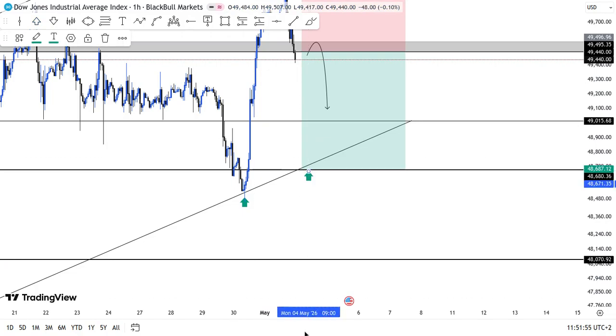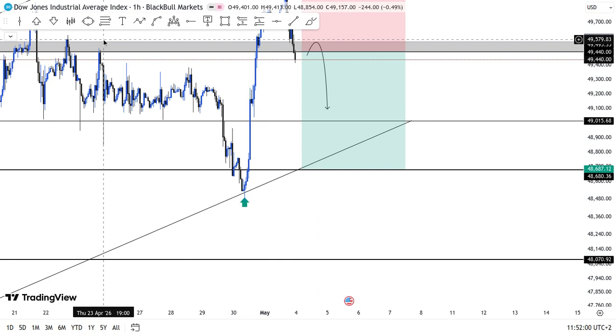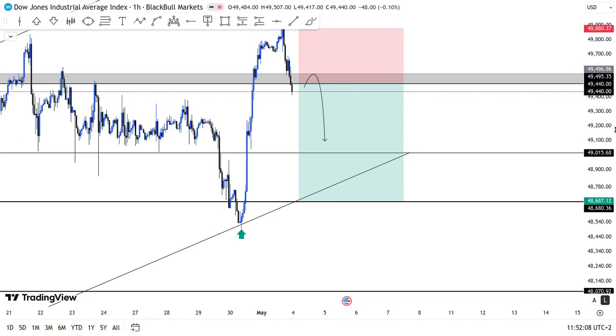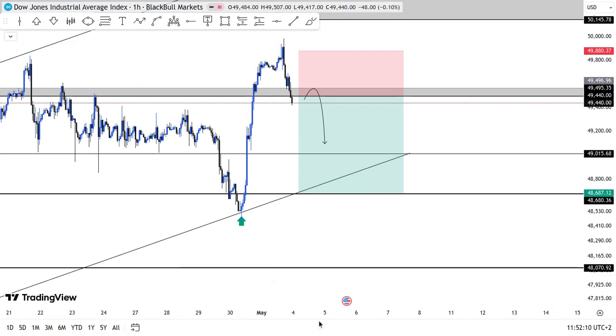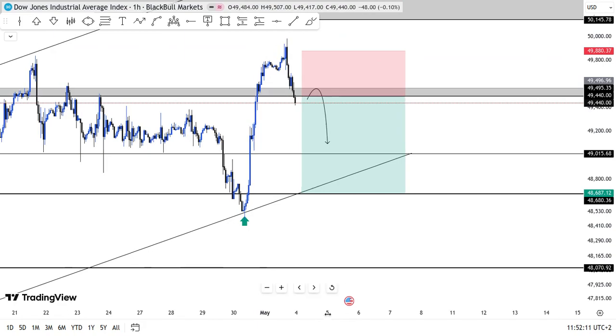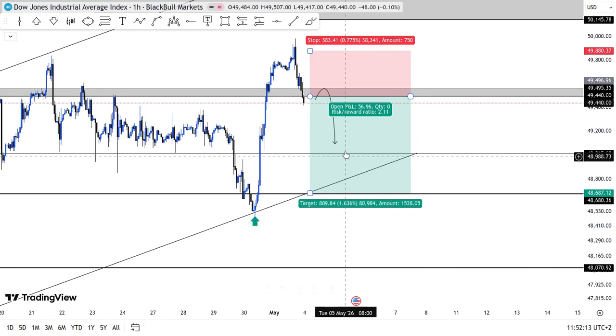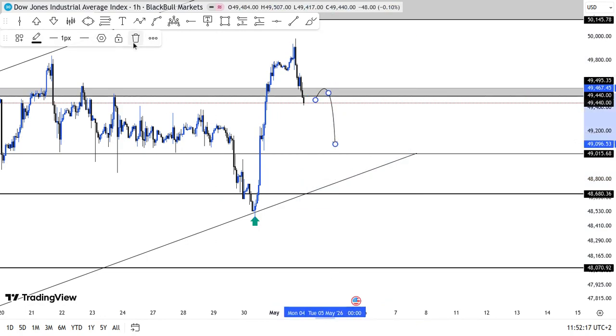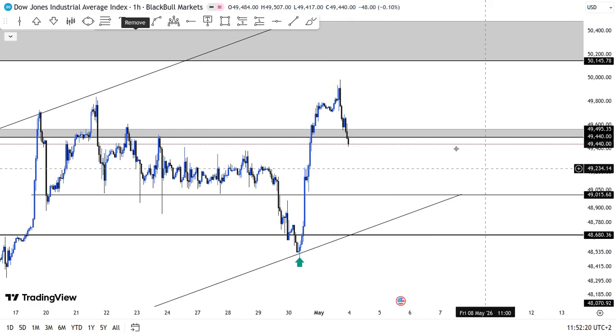So if you know the trend line rules, the third touch always has the highest probability. So that's what I'll be doing. But rest assured, I wouldn't be taking part in the trade right here or looking at this.